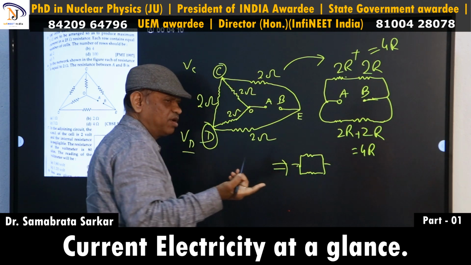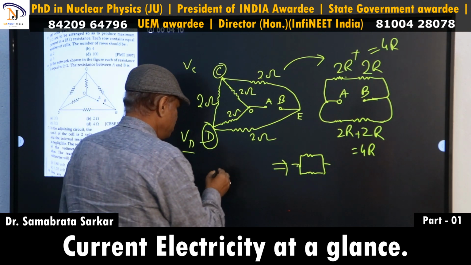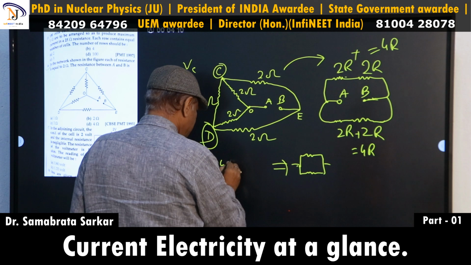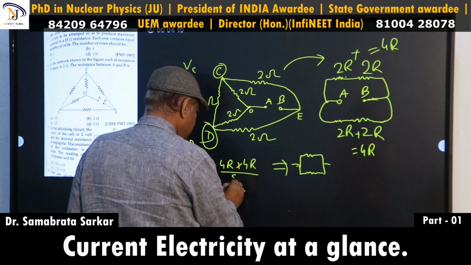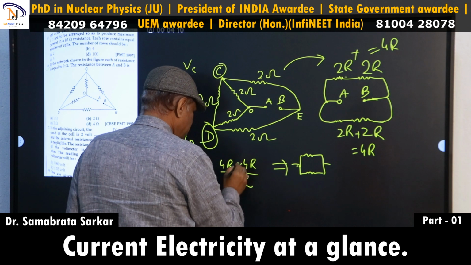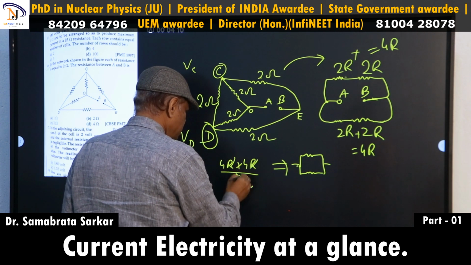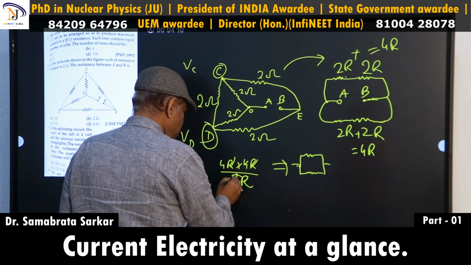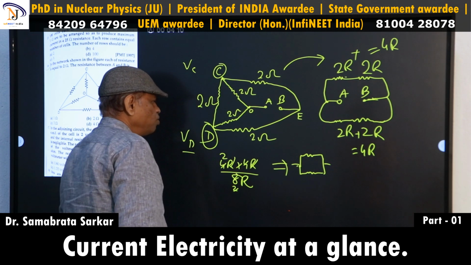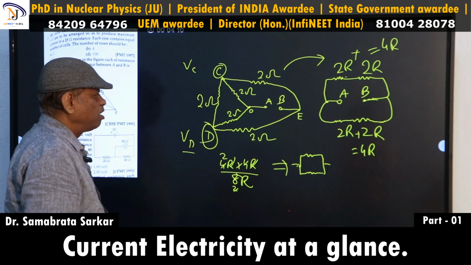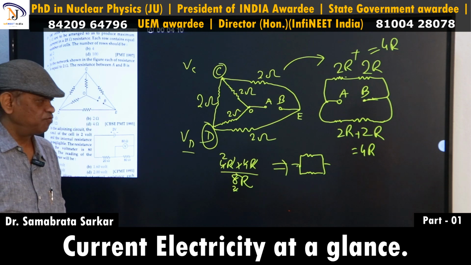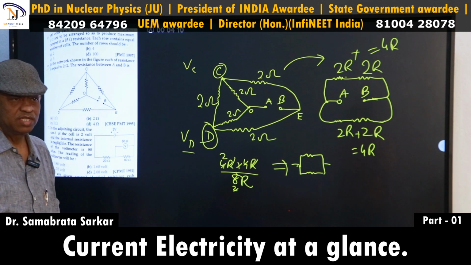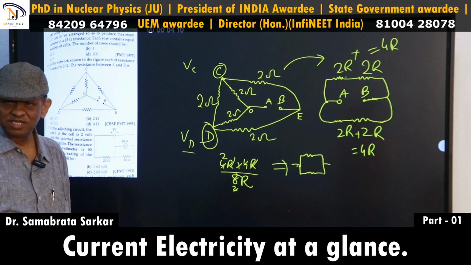You all know, I have already written the formula: 4R into 4R by 8R, or you can write 4R by 2.